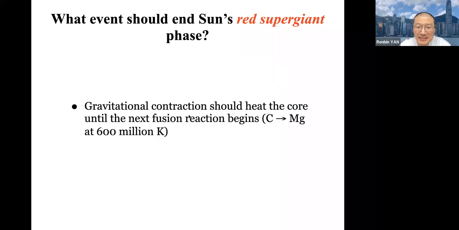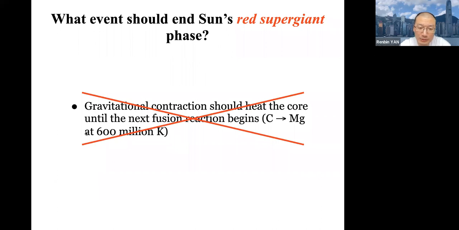If we want to fuse carbon into the next elements, it requires 600 million Kelvin, much higher than helium fusion into carbon. Helium fusion into carbon is 100 million Kelvin, but if you want to fuse carbon, you need 6 times higher temperature. But the sun's mass is actually not enough for that to happen.